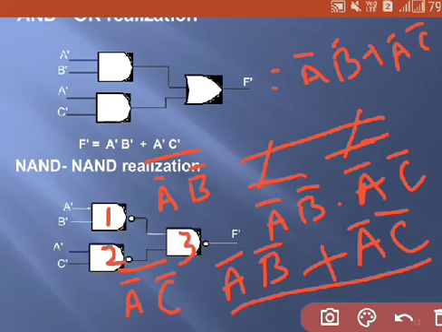So AND OR realization is equivalent to NAND realization, whether you are implementing the normal function f of a comma b comma c, or f dash of a comma b comma c.